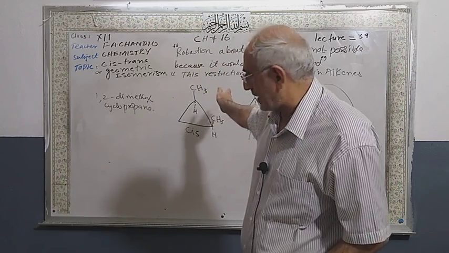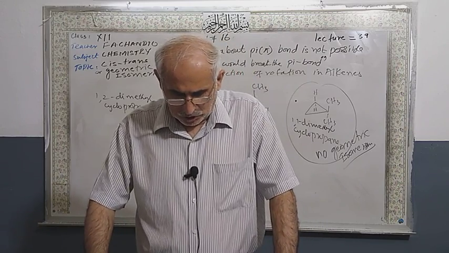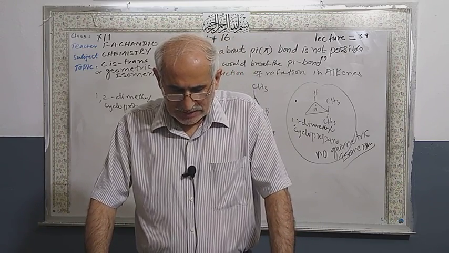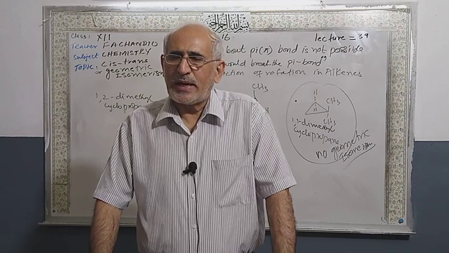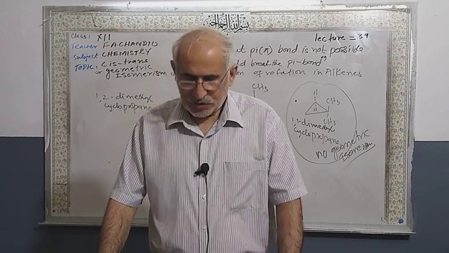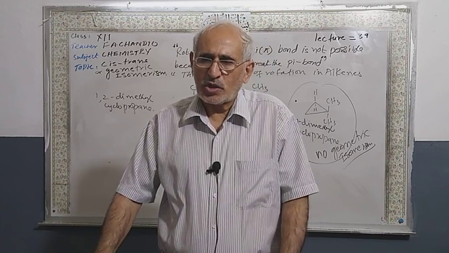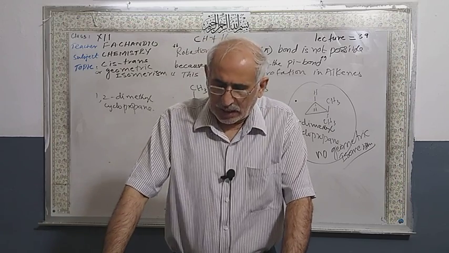Already I told you this applies in both cyclic and open chain compounds. Cis isomers are less stable than the corresponding trans isomers; trans isomers are more stable than cis isomers.